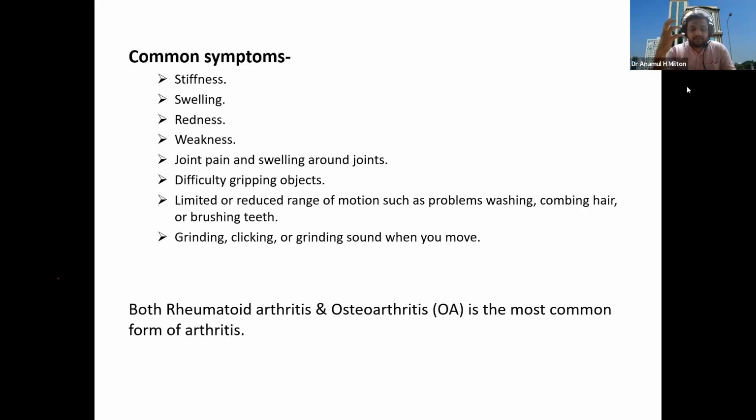So just minimize the inflammation and follow up, because sometimes in the early stage the serological study is not positive, like the anti-CCP is not positive, like the ESR-CRP is not so high, but that does not mean it is not rheumatoid arthritis. Just follow up.